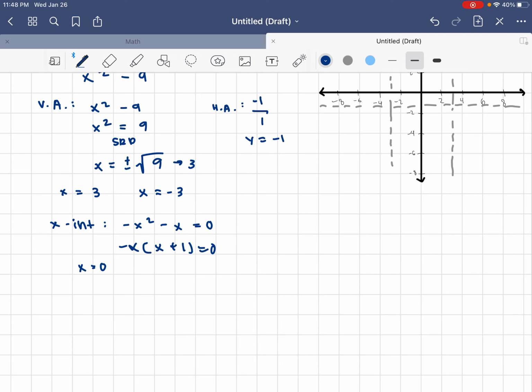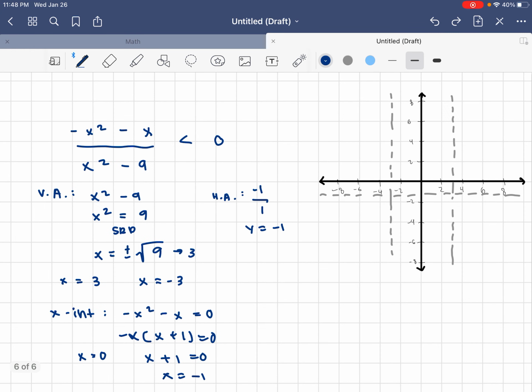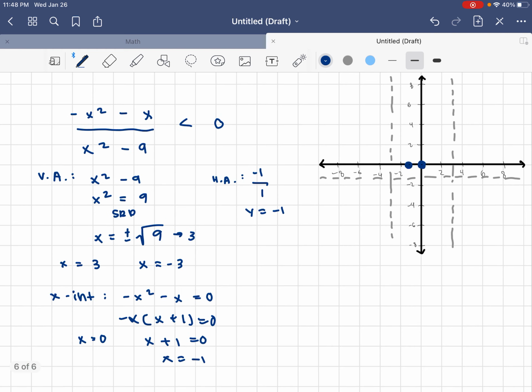And for the next one, let's look at this, x plus 1, which means x equals negative 1. So we have x equals 0 and x equals negative 1. So let's plot our x-intercepts. We're going to fill our dot in because we know for sure it's going to be a part of our solution set.